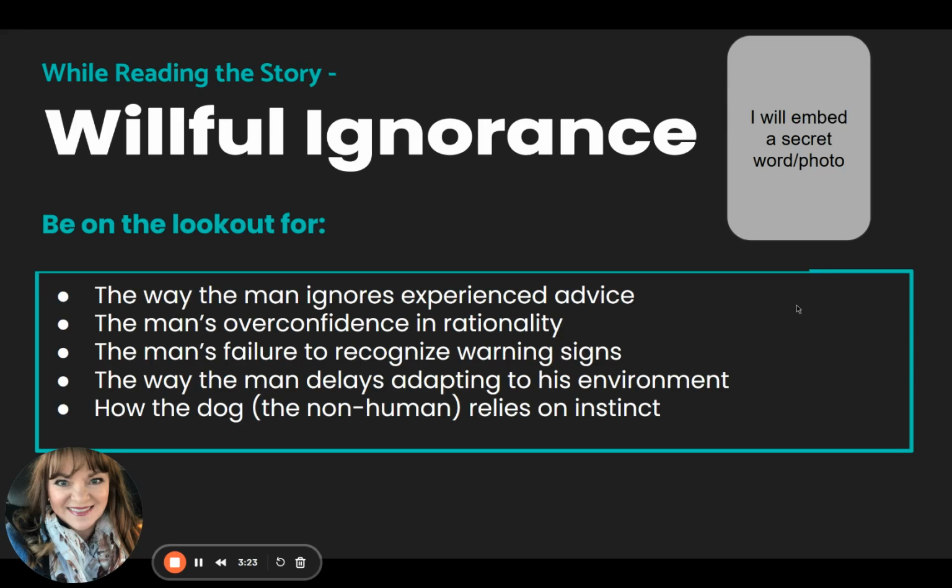In past assignments, you were given slides that showed the definition for willful, the definition for ignorance, and the definition for the phrase willful ignorance, those two words put together. Just keep revisiting, if you need to, what the definition of willful ignorance is, because it's something really important in this unit.